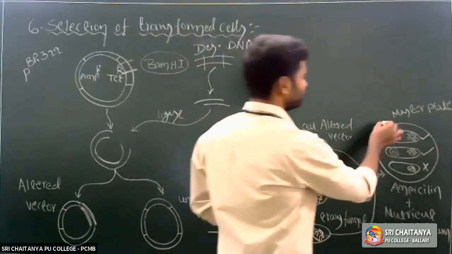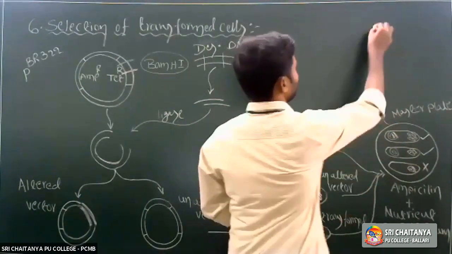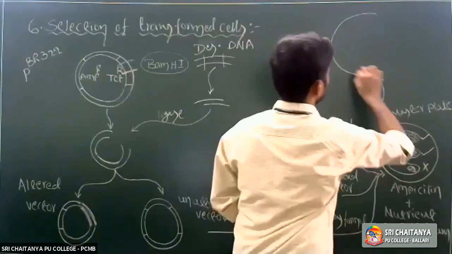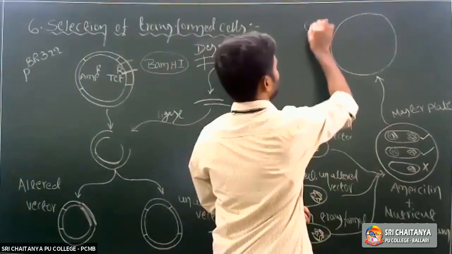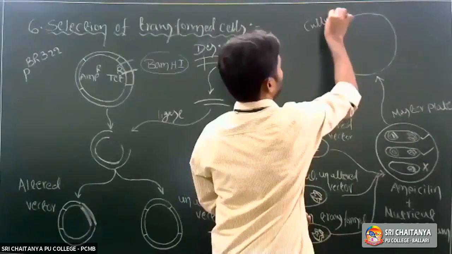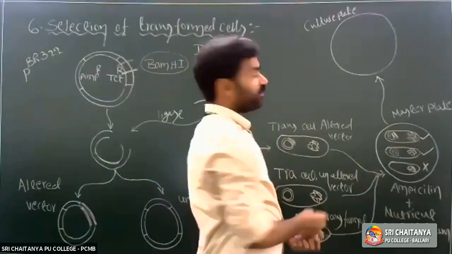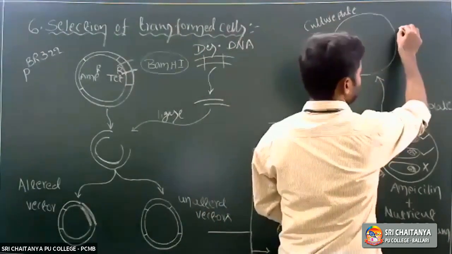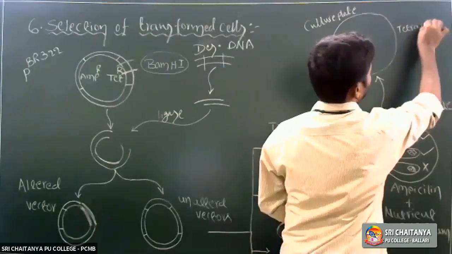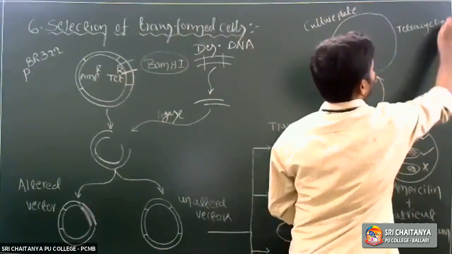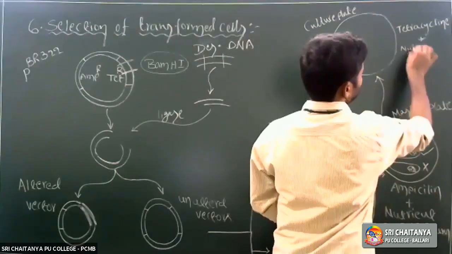So come to here again. Next, the two types of bacterial cells are transferred to another Petri plate. We call these culture plates. What type of medium do we observe in culture plates? Yes, that is tetracycline antibiotic plus nutrient medium.